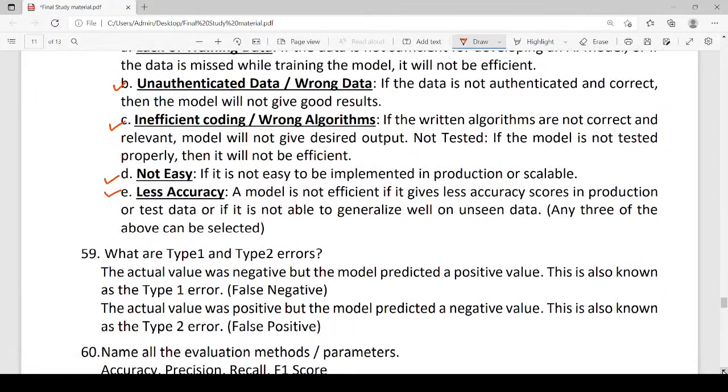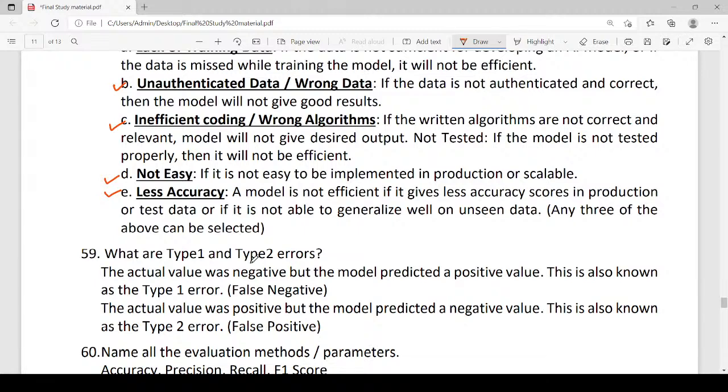Now, what are type 1 and type 2 errors? Students, please note this is given in the question bank of CBSE that is currently on the CBSE website. Now, I told you that there are high costs associated with false positive and false negative. Type 1 error is the false negative condition, wherein the actual value was negative but the model predicted a positive value.